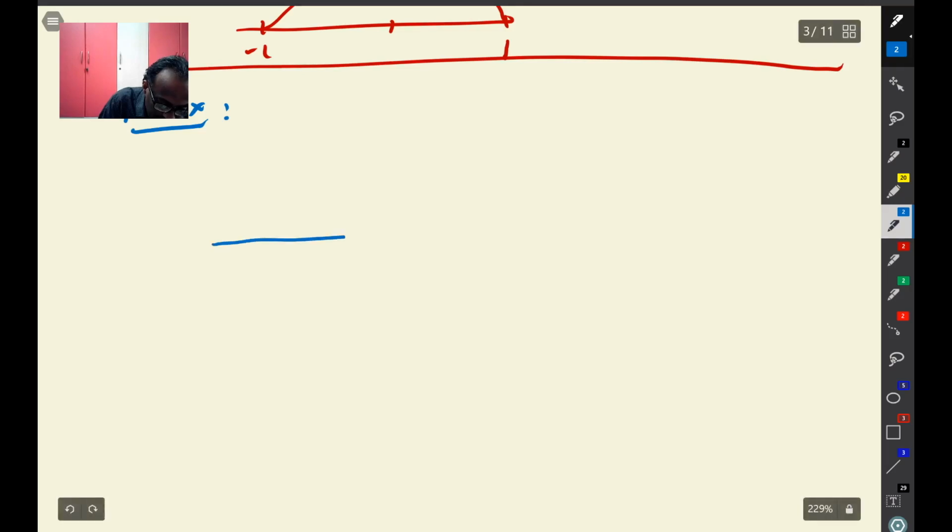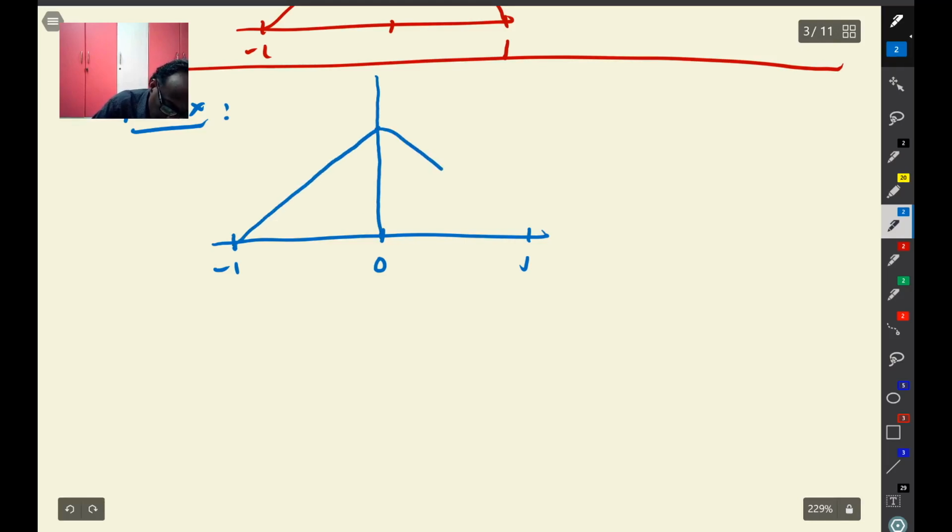These are the concepts we are going to do, but I will slightly prove something. Here u prime is equal to 1, and here u prime is equal to minus 1. So the modulus of u prime for this figure is equal to 1 except at 0.